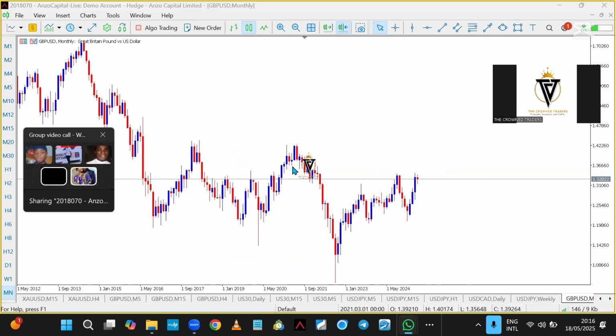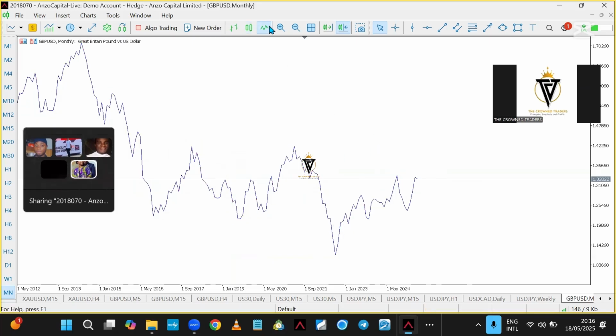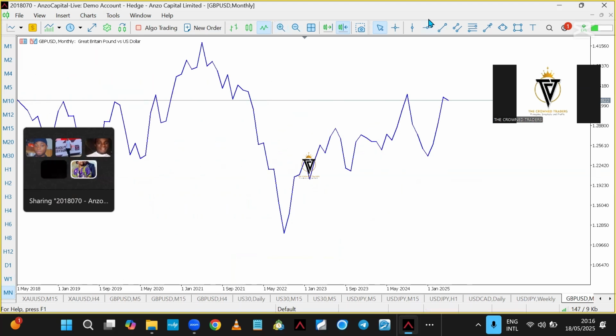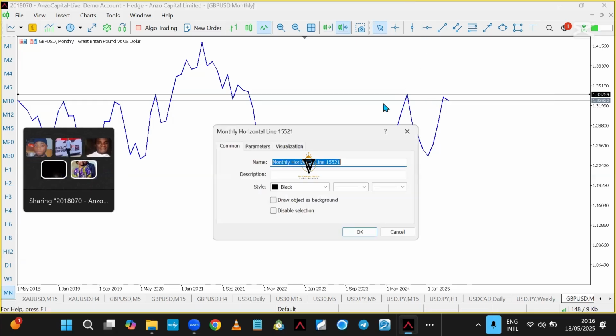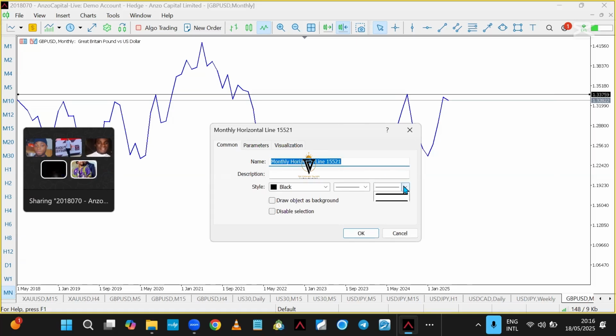We're on the daily or monthly time frame, the highest data here. I switched to line charts. My line chart is a blue line color. So instead of using rectangular tools, I will just focus mainly on using my line tool, my horizontal line.